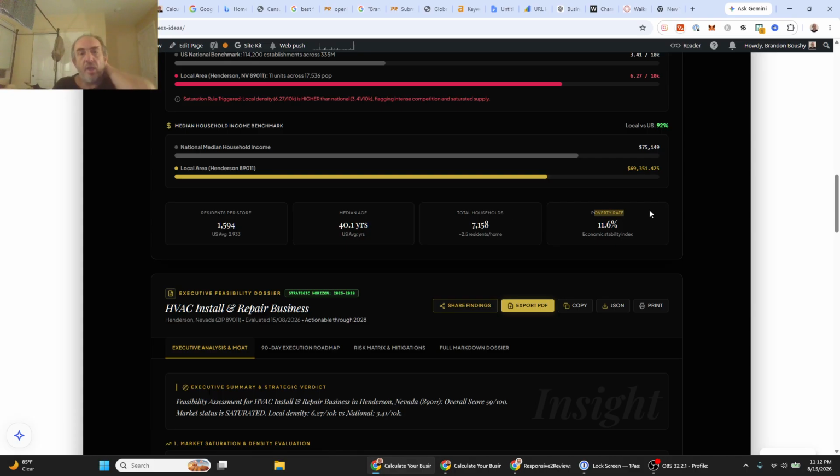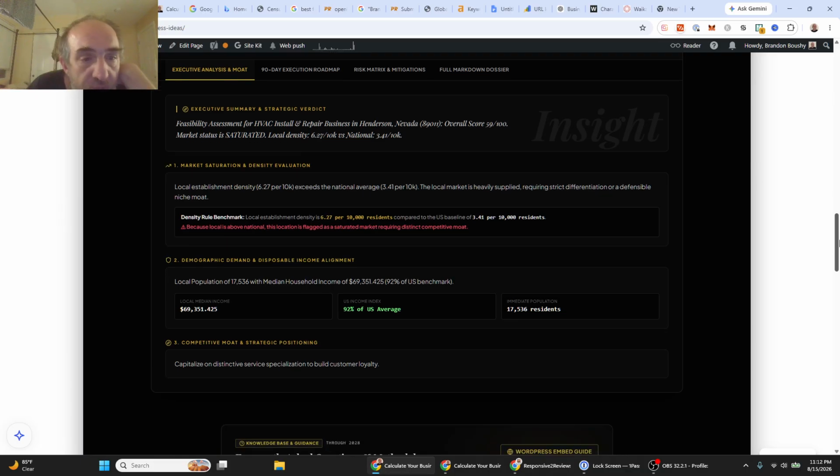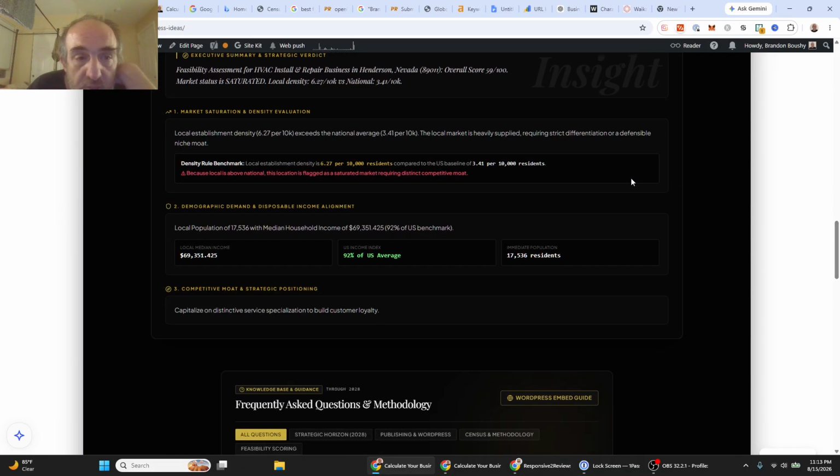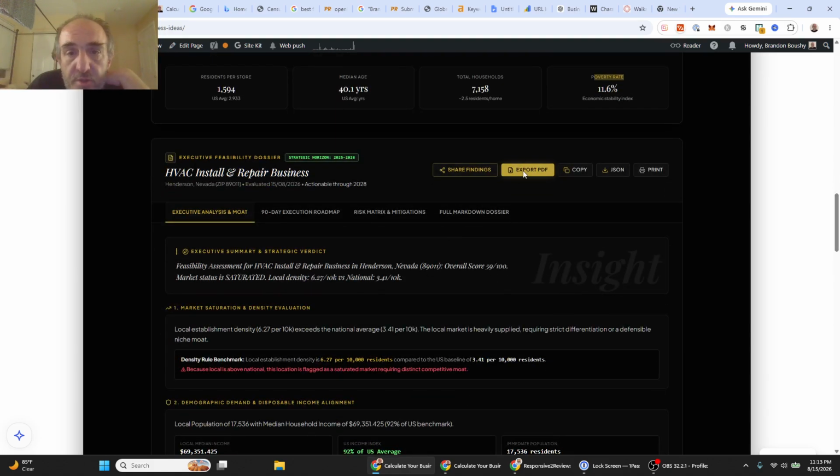So it provides a lot of information. It also tells you various information and more. This is the same information, and you can export it as a PDF.